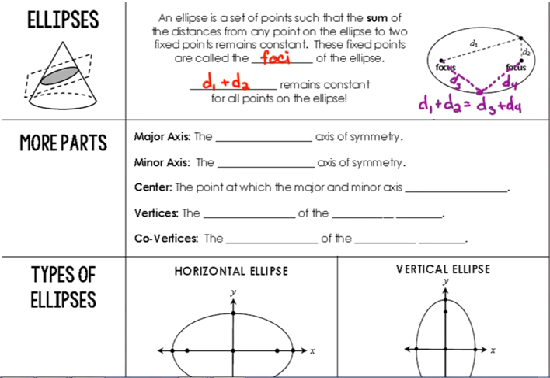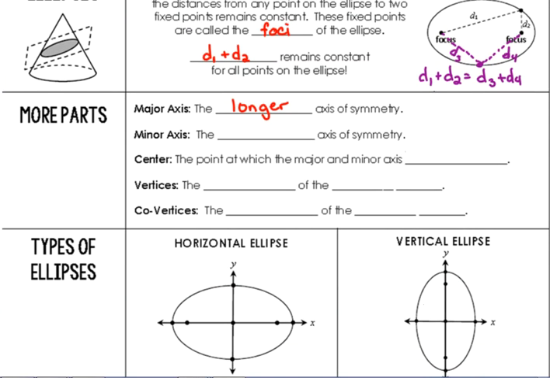All right, so the major axis, here's some terminology. The major axis is the longer axis of symmetry. Kind of makes sense. If you saw the difference between major and minor, I think we could use a little bit of common sense to figure out which one's which. So the minor axis is the shorter axis of symmetry.